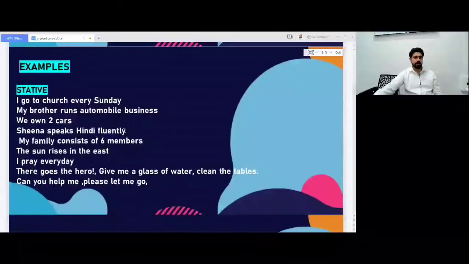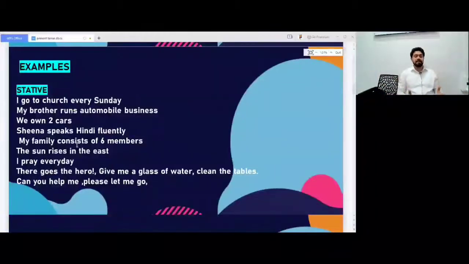We own 2 cars. Look at that. Sheena is a singular subject. So Sheena speaks Hindi fluently. My family consists of 6 members. See, which is the subject here? My family. It's not my families. So my family consists of 6 members.